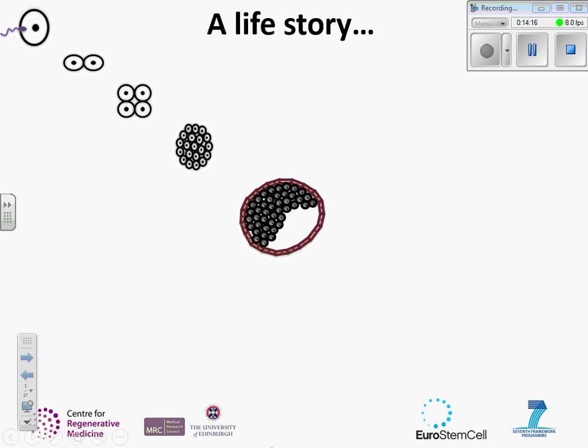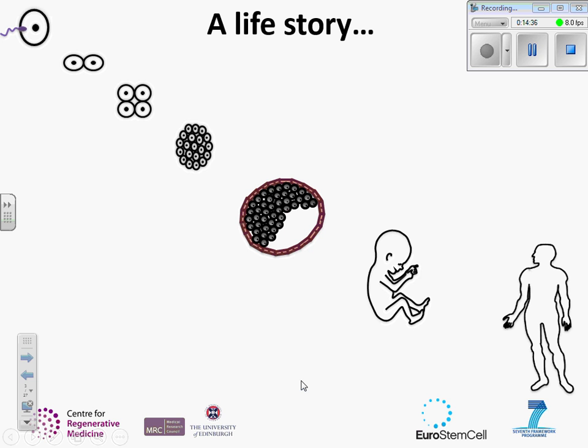But by the time we've got to this level, which is something called a blastocyst, you can see you've got a surface forming. There's an actual structure to this, and inside there we have what we call a cell mass, and that's what will then develop to give us a giant baby and quite small adult. So when it gets to blastocyst, it's just got more of a structure.